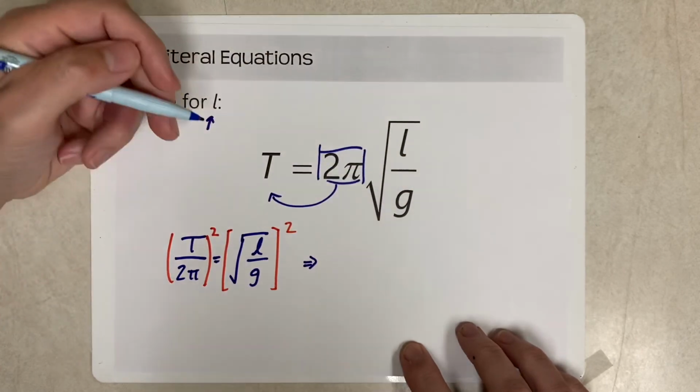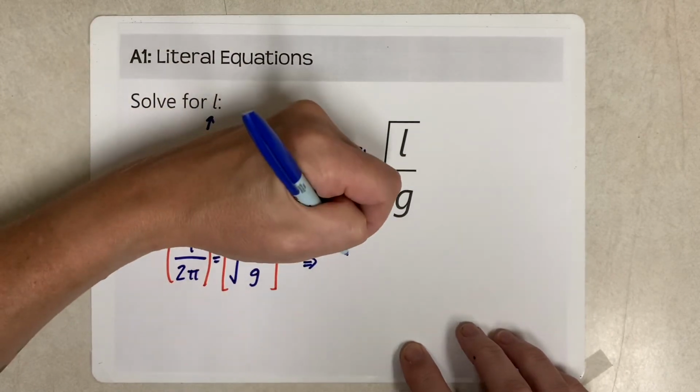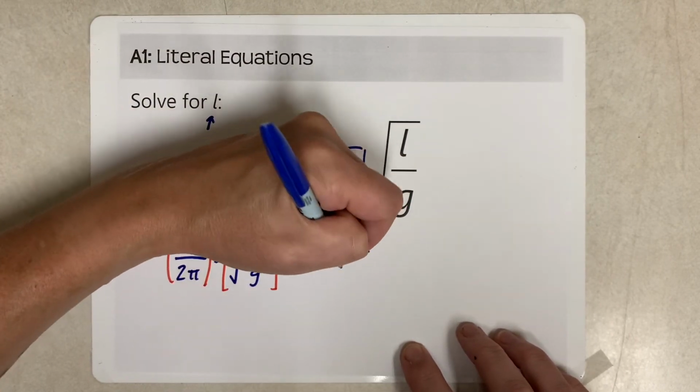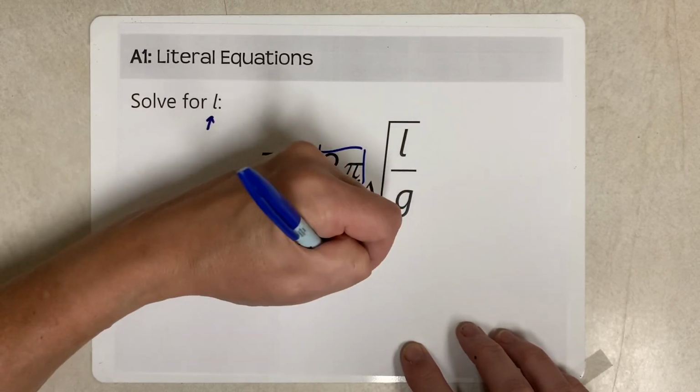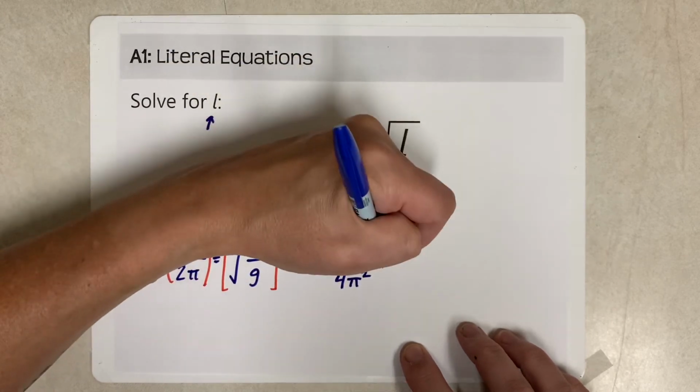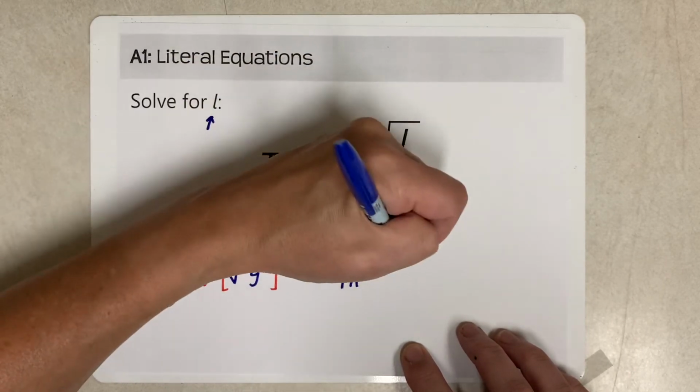So now I have, and let's think about this, T squared, because we've already learned this, T squared over 2 squared is 4, pi squared is equal to L over g now, all by itself.